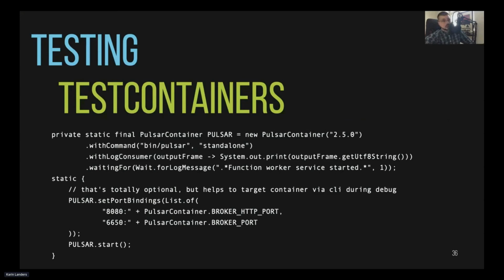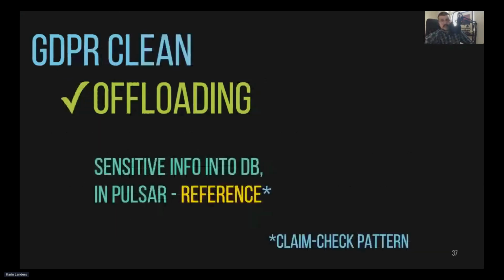However, that didn't work well for us because this approach simply doesn't scale. So we found another solution which we currently use, and that's offloading all the sensitive or personal information to some external storage, and then putting only a reference to that in Pulsar. You can read more about that approach if you search for the claim check pattern.